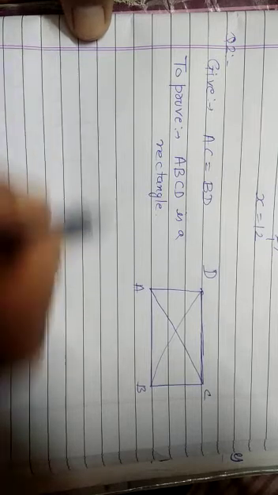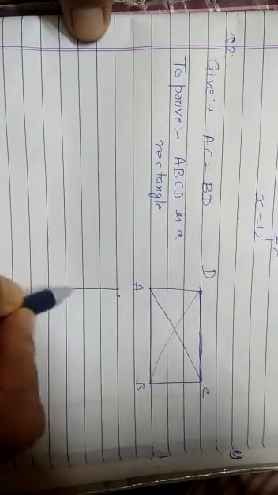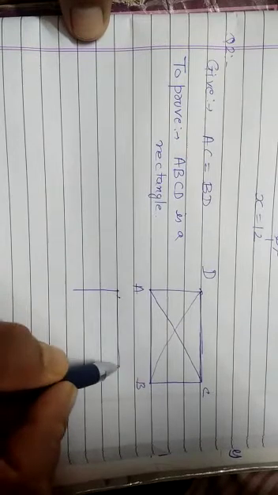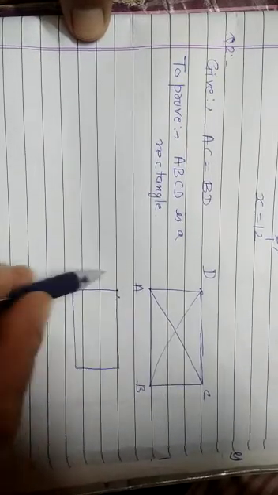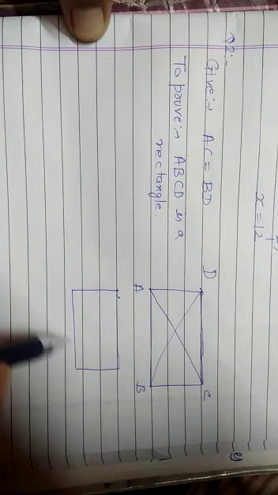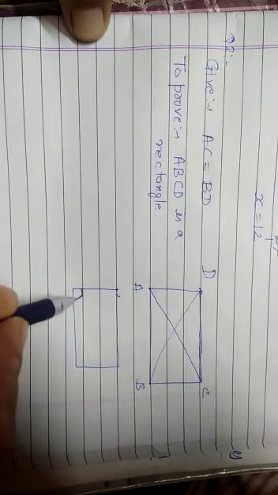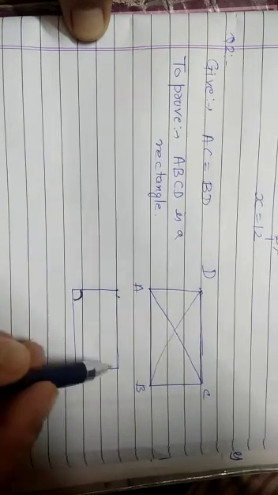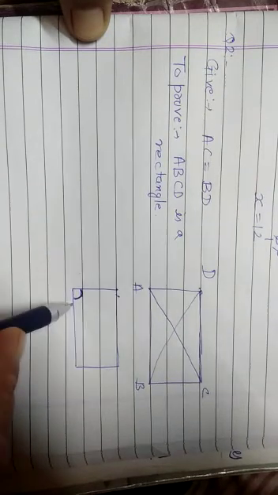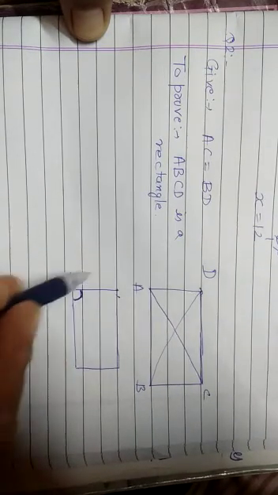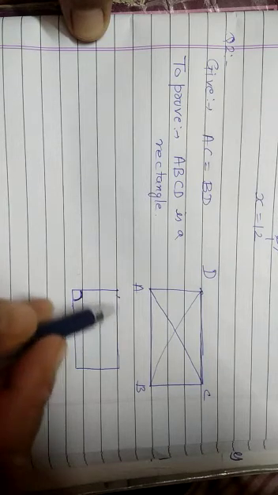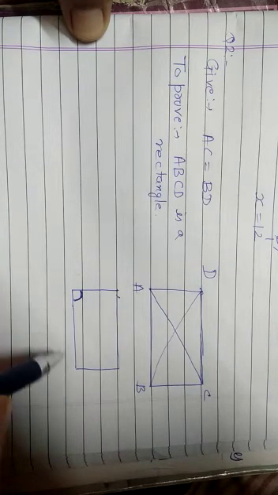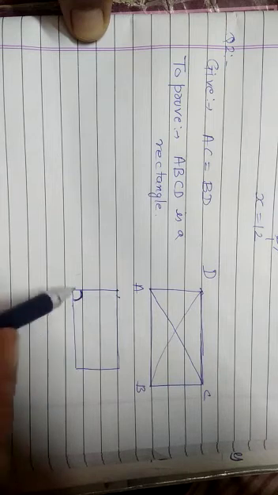So remember, if you want to prove any parallelogram is a rectangle, prove that one of its angles is 90 degrees. So here our aim is to prove any one angle of this parallelogram is 90 degrees.